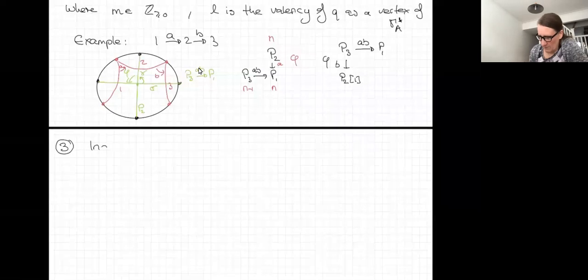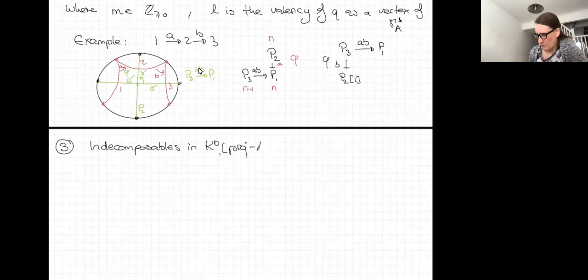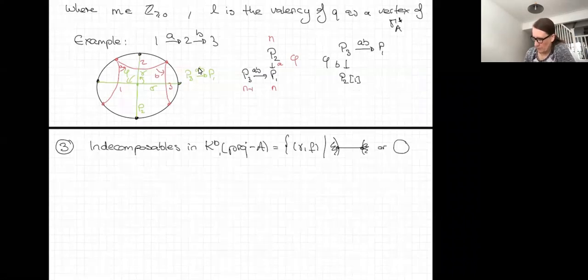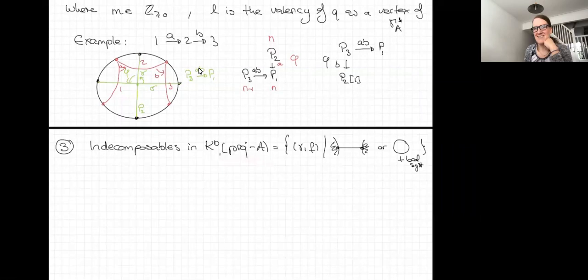We know that the indecomposables in K^b(proj) are exactly the curves that connect boundary components and the closed curves with the local system. And of course, we know that in this category here, we have Auslander-Reiten triangles.